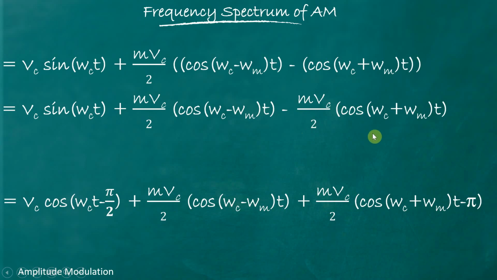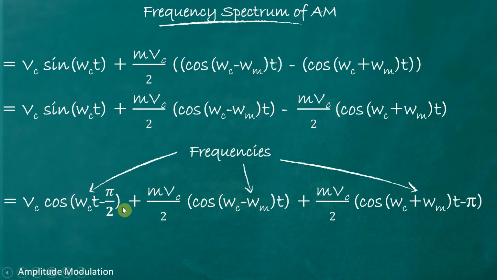This minus sign is converted into positive by showing the 180-degree phase shift. So there are three frequency components, as you can see: ωc, ωc minus ωm, ωc plus ωm, and corresponding amplitudes Vc, mVc by 2, and again mVc by 2.